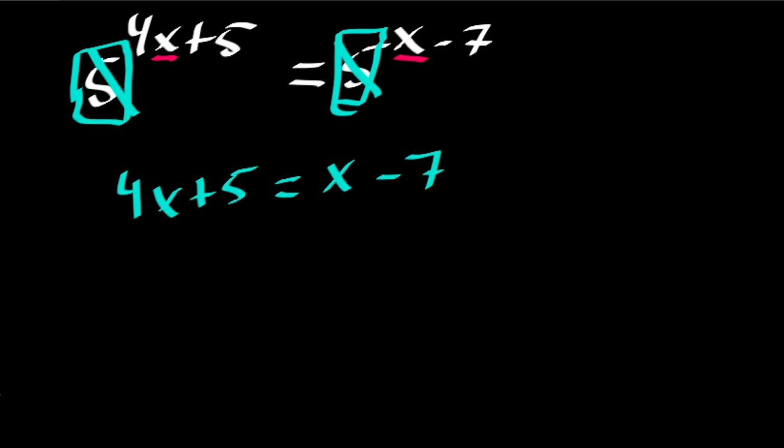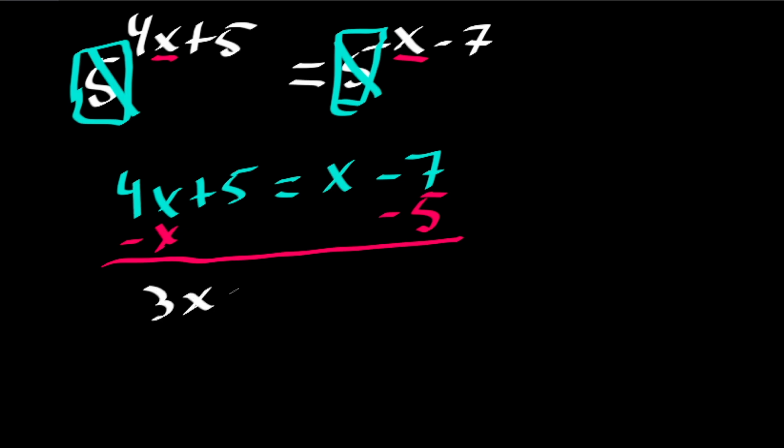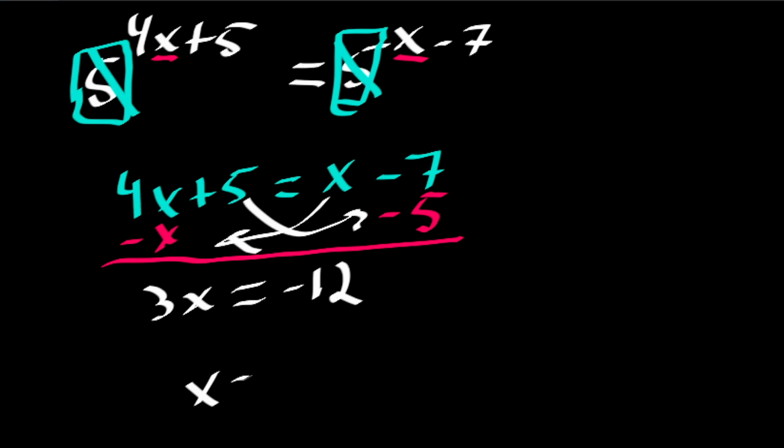Now we're just going to solve this equation, which I'll do pretty quick. I've previously uploaded videos on how to solve equations, so be sure to check those out if you need some extra help. So 3x equals, because we'll subtract x to this side and subtract 5 to this side, 3x equals negative 12. So x is going to equal, should be negative 4, I believe.